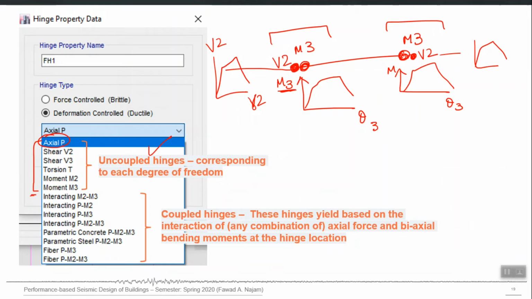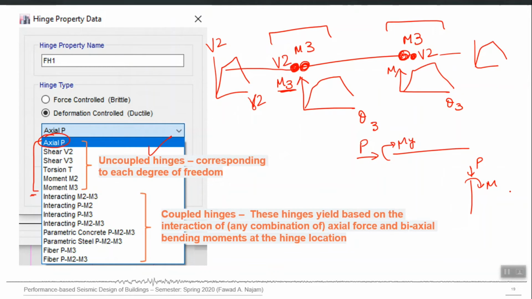a particular reason. And that reason is that in columns the actions interact with each other. For example, for a beam, you know exactly what bending moment is going to yield that particular beam, My, right? The axial load is assumed not to affect the yield moment because it is not significant in beams. For columns, you have both axial load and a bending moment, right?